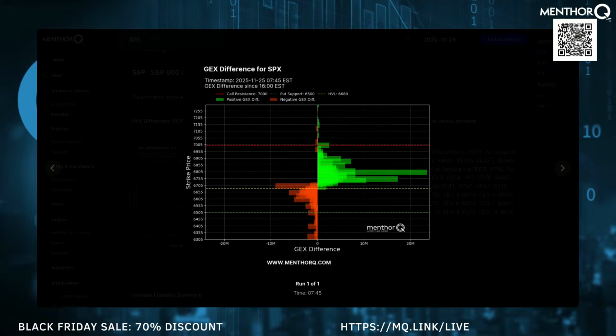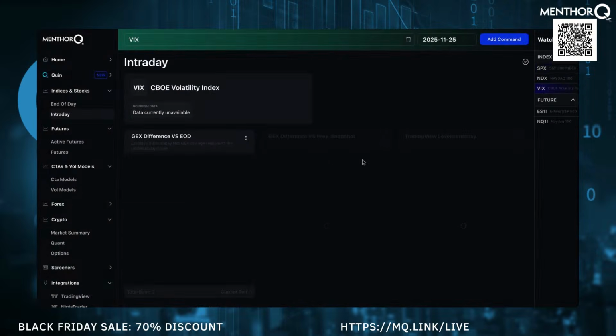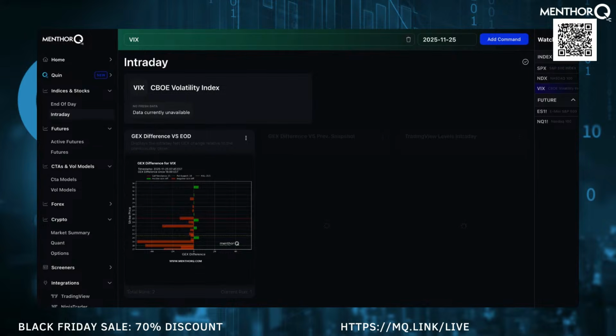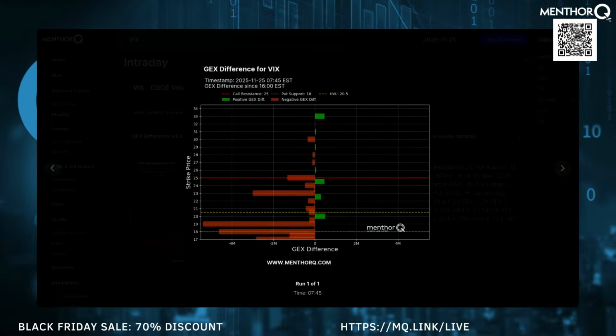And then if you click, for example, now on VIX, maybe, Fabio, you see also the difference versus the end of the day. It's also really interesting. And we can see that more and more red is coming in. We get negative GEX. So it's looking like 19 is more the bigger target for now.